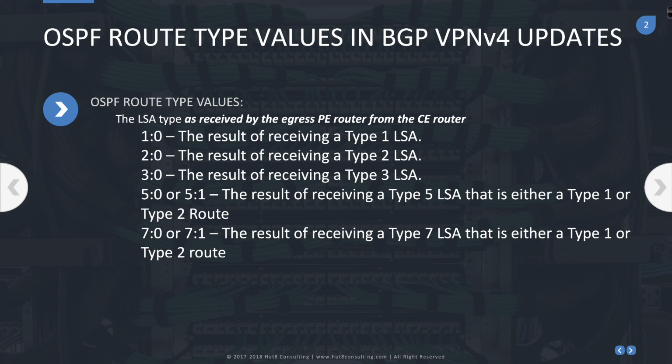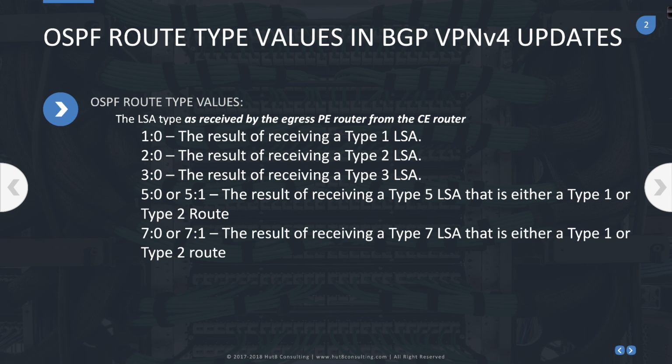So if it's 1:0 or 2:0 in those last 2 bytes, it means that the PE router learned that OSPF routing information from an intra-area LSA type. Now, if you see 3:0, it means that the PE router learned that information from an inter-area LSA type, or a type 3 summary LSA.